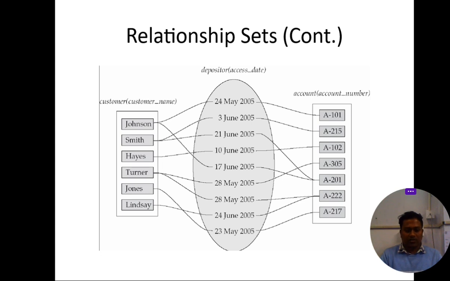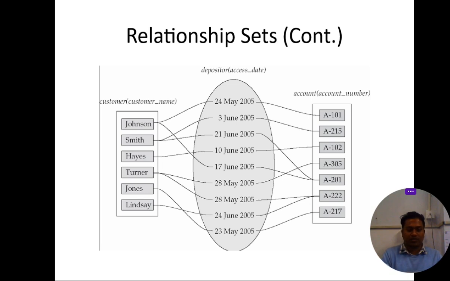You can see in the diagram, customer Johnson's depositor access dates are 24th May 2005 and 17th June 2005, and they are connected with account numbers A101 and A201. These are the scenarios of a relationship set.